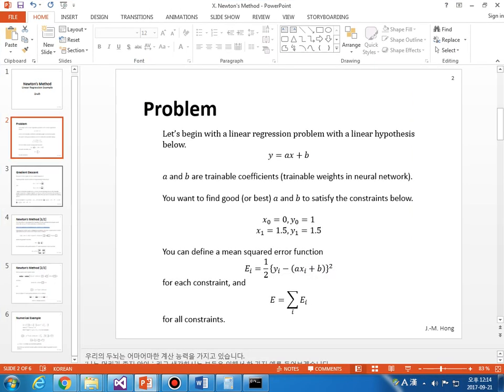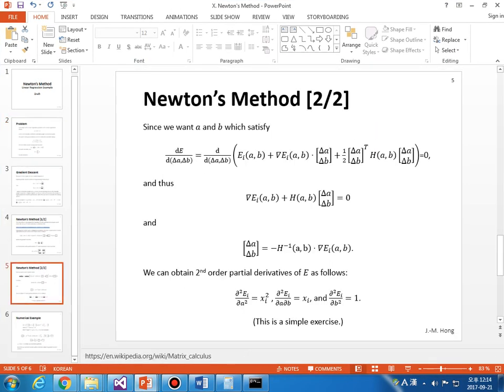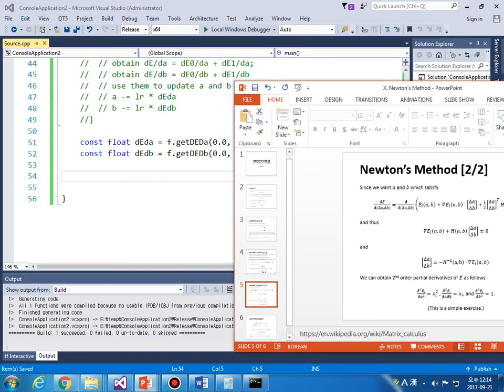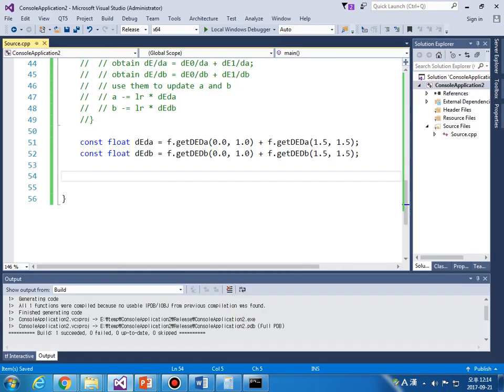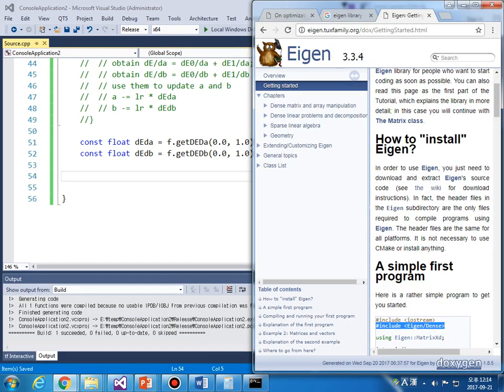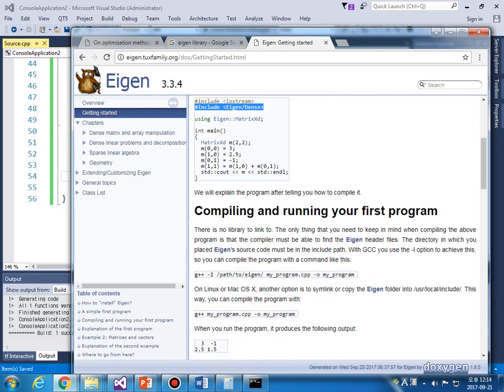Okay. So we can define gradient E matrix. Let's use eigen library. So we can define a matrix in this way: Matrix XD.